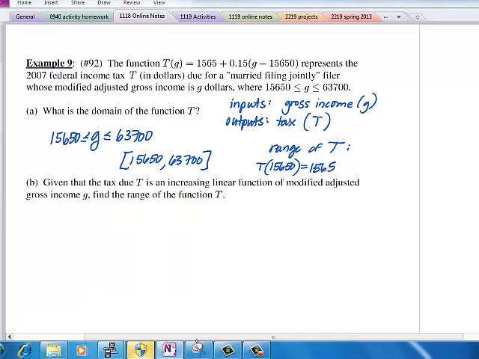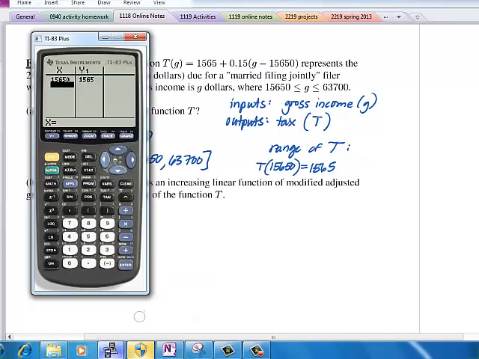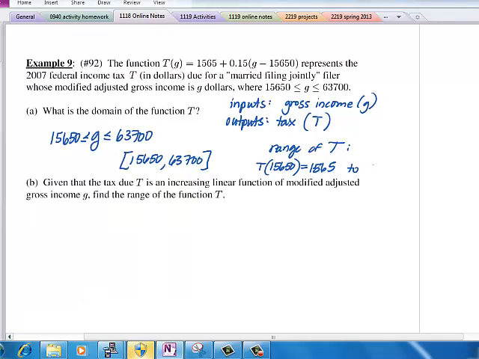And then if I put in the other endpoint, if I put in 63,700, we get $8,772.50, 8772.5.